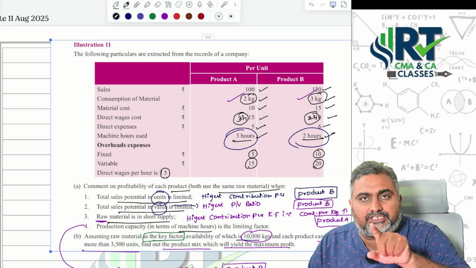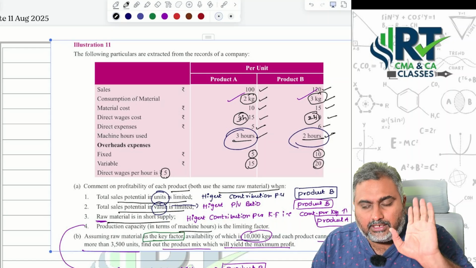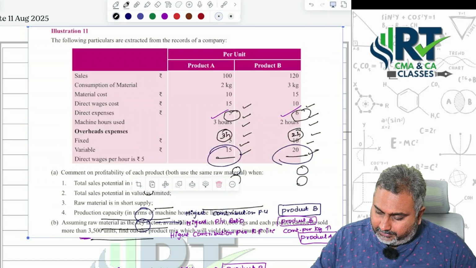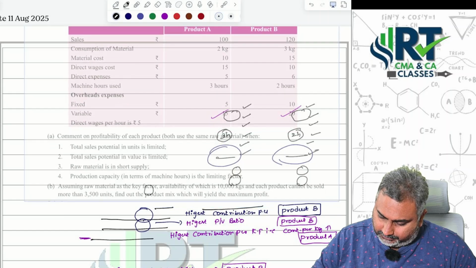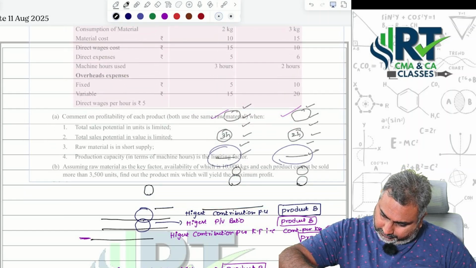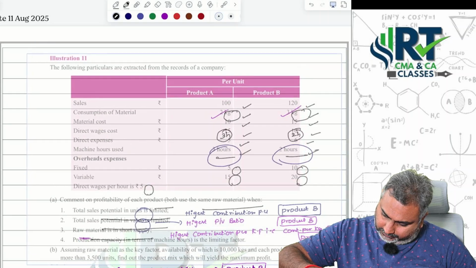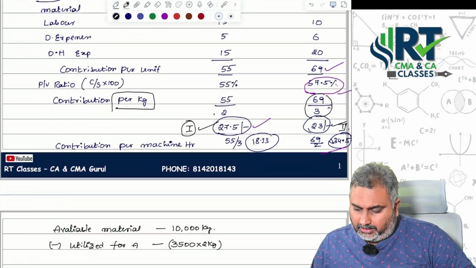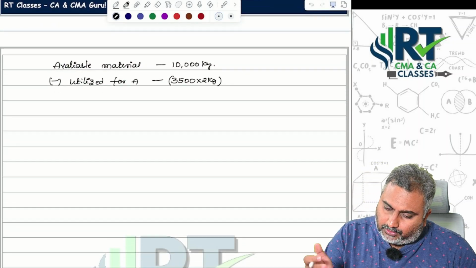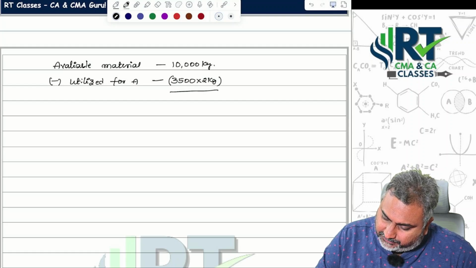Consumption of material, for one unit, how many kgs required? 2 kgs. Totally 7,000 kgs we are already utilizing for A.